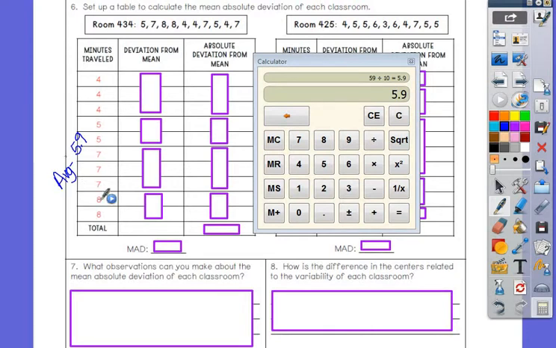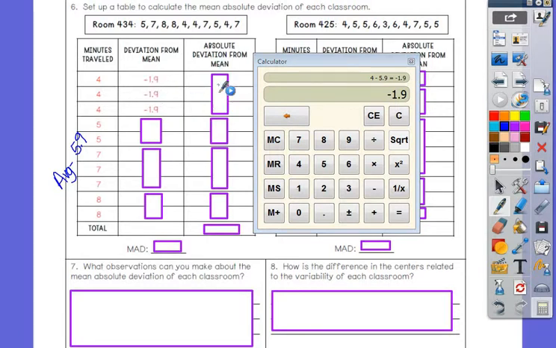That is important because I need to know what my deviation from the mean is. How far away is this number? So you always take this number and subtract it from your average. Well, 4 minus a 5.9 is going to give me a negative number. It is negative 1.9 away. So these 3 sets of numbers is negative 1.9.